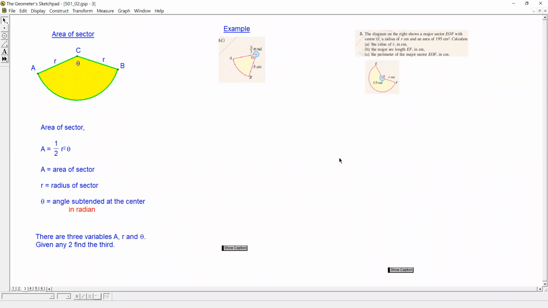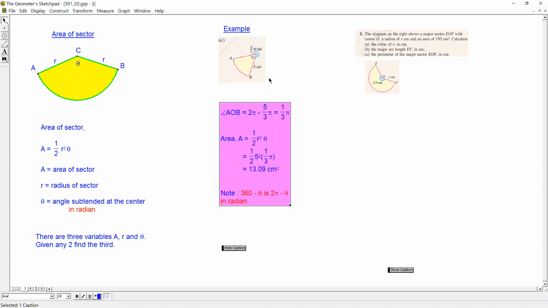Right. So now I don't want to waste time already. Okay, now we look at this one. Again, as I told Li Ying earlier, the angle given is 3 over 5 pi radian, but this angle is on the other side, the major sector angle. But what we want is the minor sector.